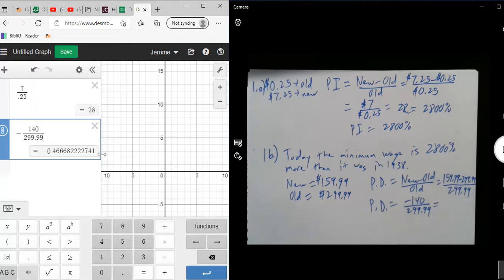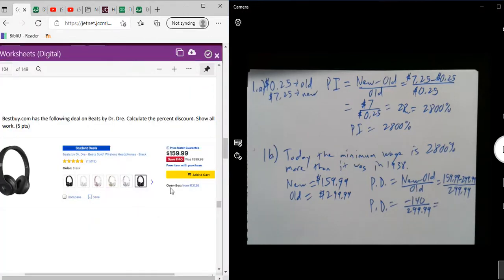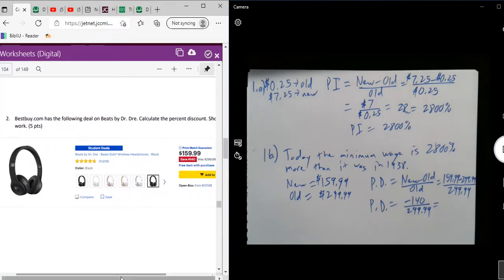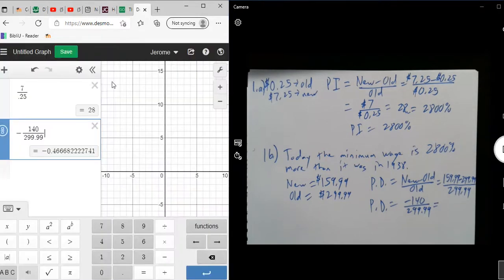Did they ask us to round to any particular place value? It does not say. So let's just round to 3 decimal places first. So this would be negative 0.467.